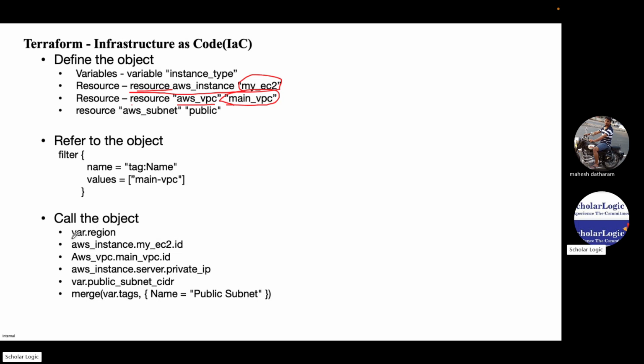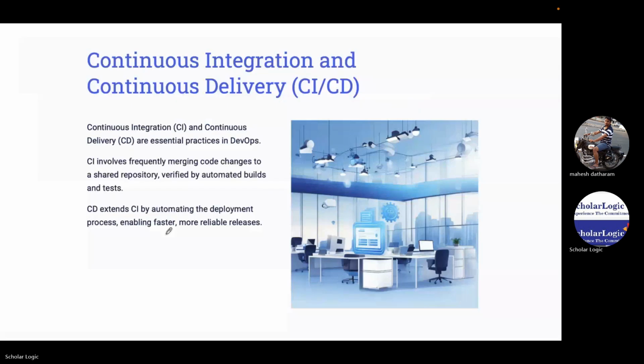When you're calling a variable or any object that is already defined, it should not have any double quotes or single quotes. It should be your variable name, without double quotes or single quotes.